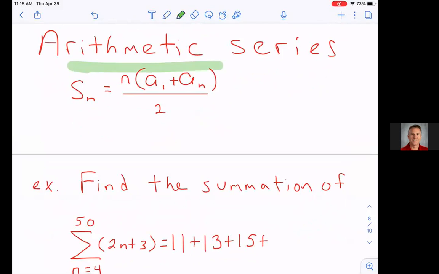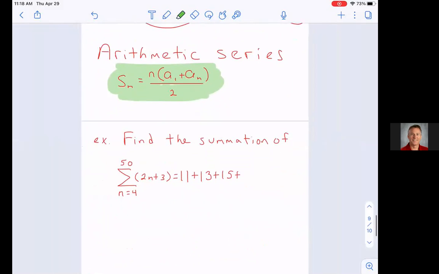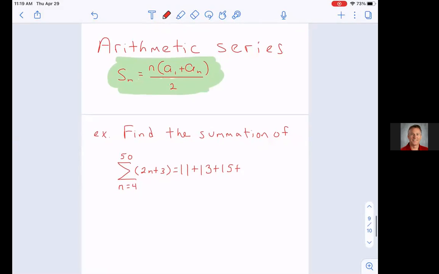So like I highlighted before, I'm going to highlight this one. This is an important one that we're going to use quite a bit. So we use that formula to find the sum of an arithmetic series, which is exactly what we're trying to do. So I'm going to use this formula down here to solve this problem.